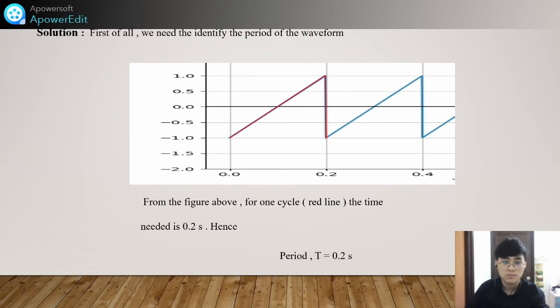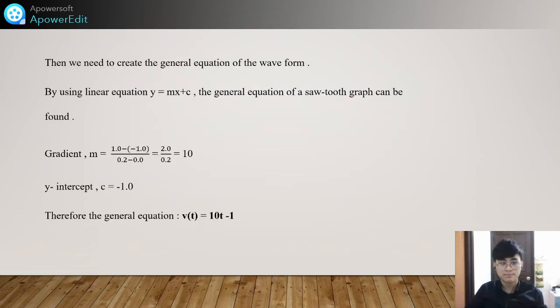So the period is 0.2 seconds. Then we need to create the general equation of the waveform. By using the linear equation y equals mx plus c, the general equation of a sawtooth graph can be found.